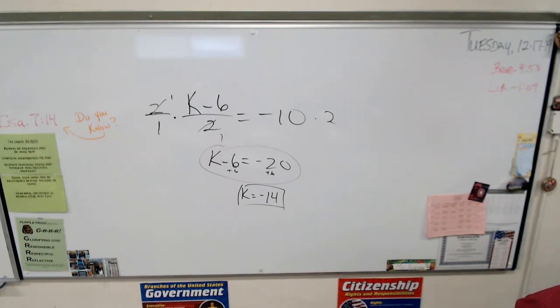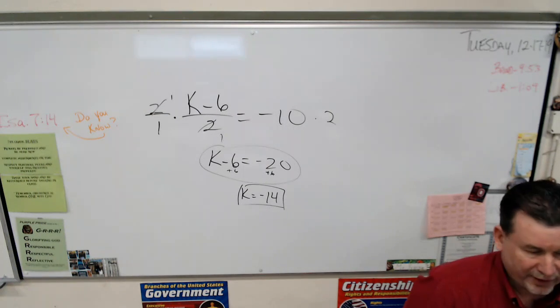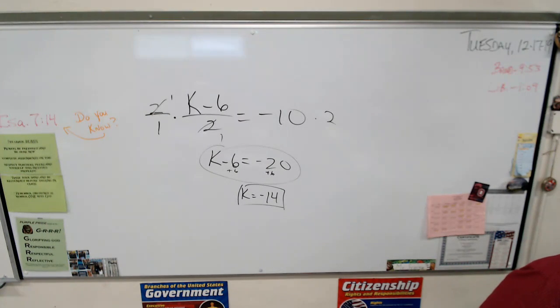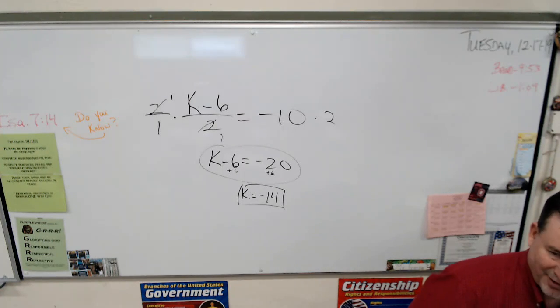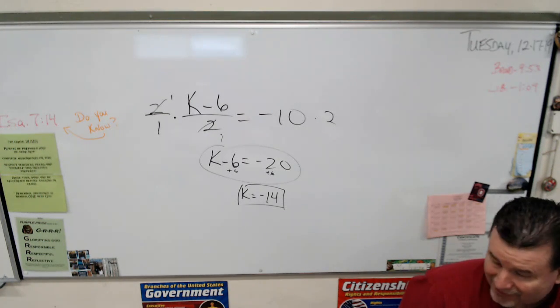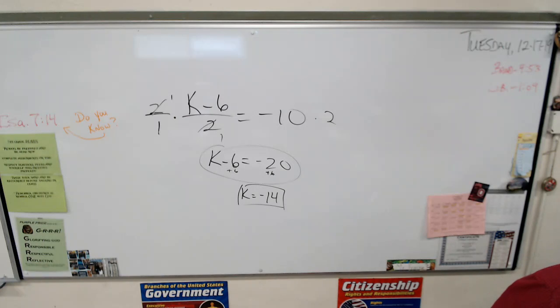Number 11. Is 6 a solution? No. What'd they do wrong? It's negative 6. That's the solution to that problem. If you missed it, mark it. Don't hide from it. It's coming back.